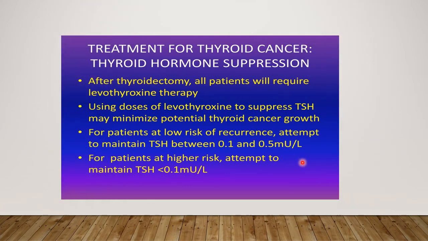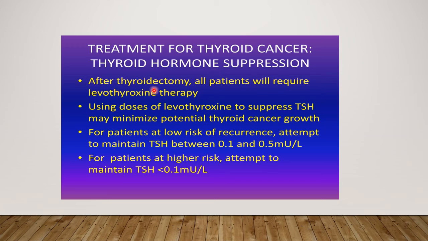The next consideration is the treatment of thyroid cancer using thyroid hormone suppression methods. After thyroidectomy, all patients will require some form of thyroxine therapy, either replacement or suppression. Replacement when there's no more thyroid tissue left, and suppression is to suppress the TSH stimulation of the thyroid.